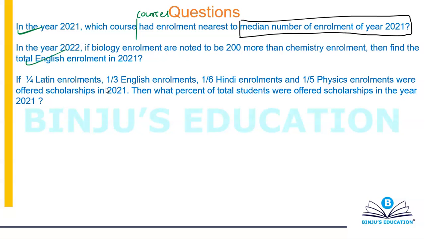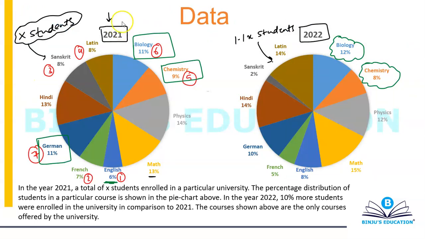Now, again, in this question, some of you would try to calculate the exact value of 1/4 of Latin enrollment, 1/3 of English, 1/6 of Hindi, and 1/5 of physics. Again, it's not required. Keep this in percentage itself. You don't have to calculate the exact value. So how much is Latin?